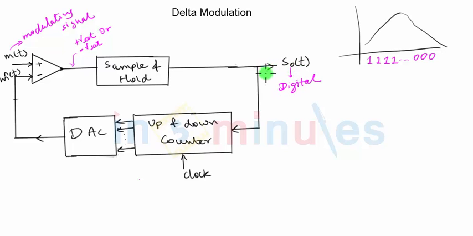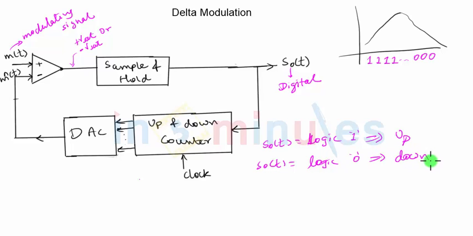Now I'm taking that same digital signal in the form of 1s and 0s and giving it to a counter. Every time logic 1 is generated, it means the counter will count in the upward direction. You can see it's an up and down counter. So that means if S0(t) is equal to logic 1, then the counter counts in the up direction, and if S0(t) is equal to logic 0, then the counter counts in the down direction.